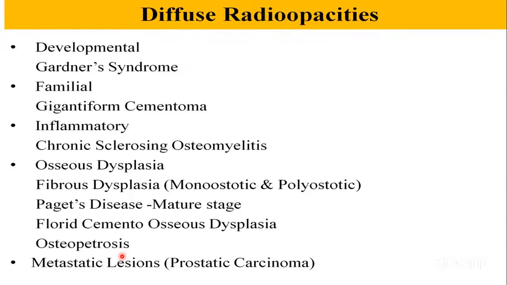For multilocular radiolucencies, you have ameloblastoma, odontogenic myxoma, CGCG and all that. You should know the differential aspects of each lesion because everything is multilocular. But how are you going to differentiate an ameloblastoma from a central giant cell granuloma? Those differentiating points are given in the Wood and Goaz textbook.